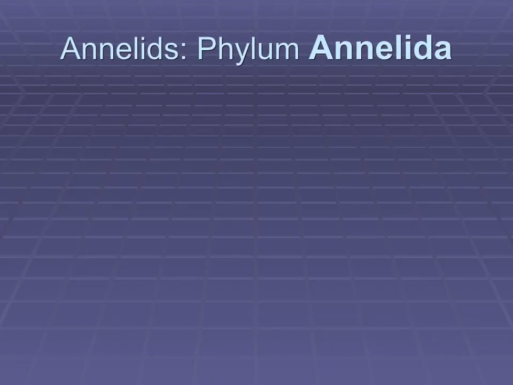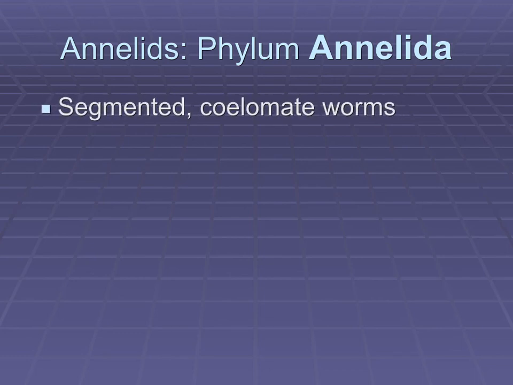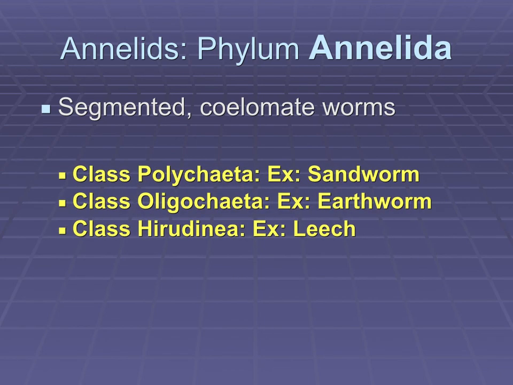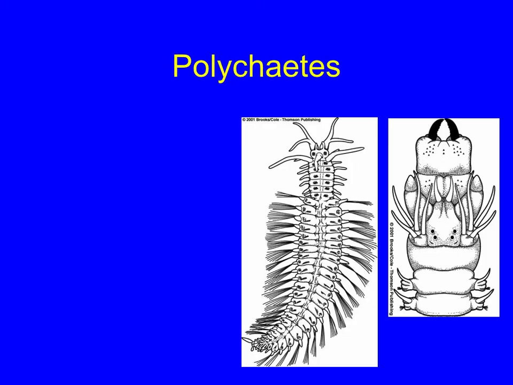The next we're going to go into are the annelids. Annelids are going to be your earthworms, segmented coelomate worms. Your sandworm, earthworm, and leech are examples of those. And then we have some of the marine ones.